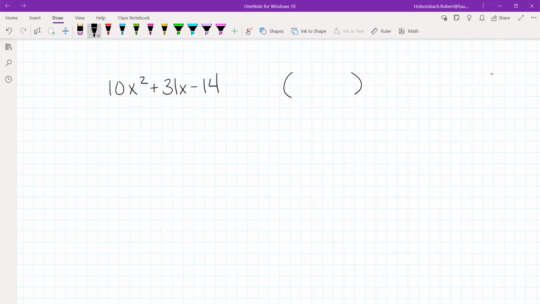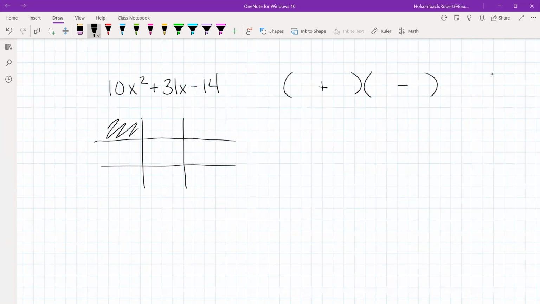So we're going to have two factors. We're going to have a positive factor and a negative factor. Our middle term is positive. Our end term is negative. The only way to multiply to a negative at the end is with a positive and a negative. And now we start the process.